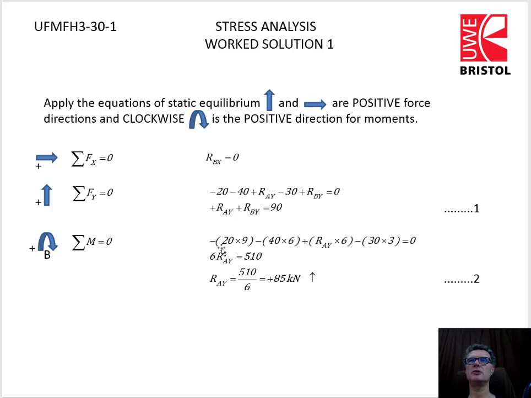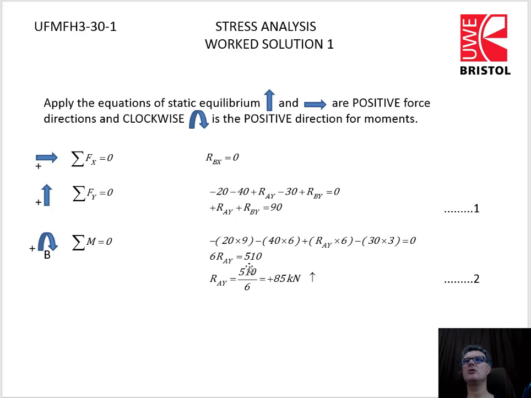So here we've got them. Notice I've put the force first, times the distance, and then I've put the fact that it's negative. So the first force is 20, times its distance away from the pivot, and it's going in an anti-clockwise sense. Then we've got the second one, then the reaction, which is going in a positive sense, and then the last force.